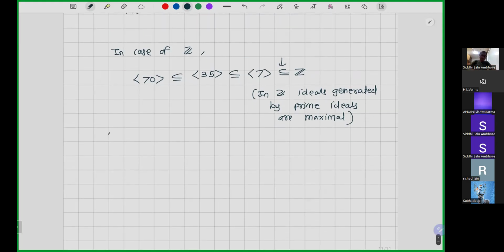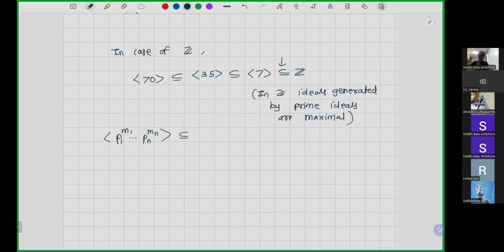For example, take any element in Z. That element has the form P1 power m1 through Pn power mn, right? And if it has to be contained in some ideal, there are only a finite number of choices to extend this ideal further.